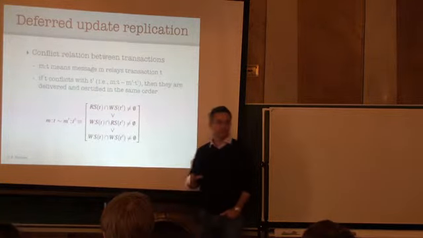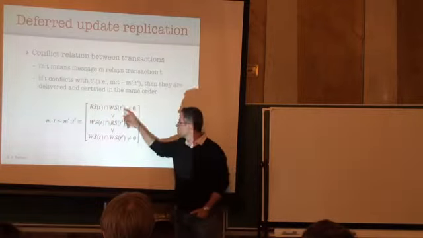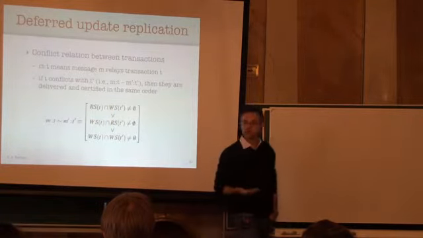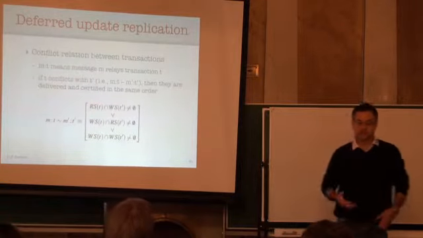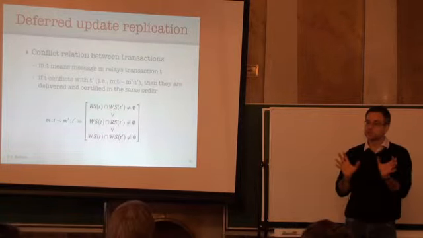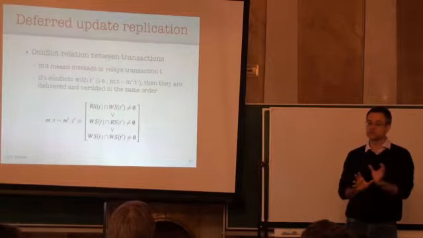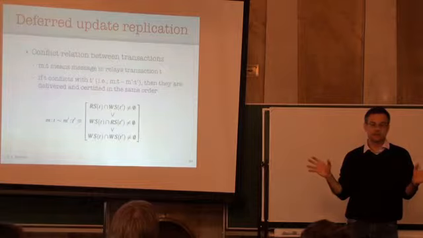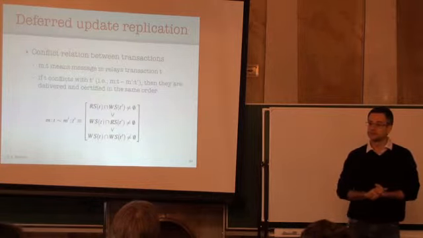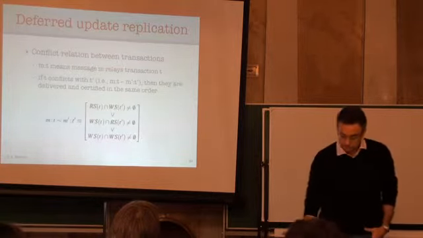These two messages conflict if the two transactions either read what the other wrote or both write something in common. If there is some intersection between the two transactions, then I must ensure total order for them. But if the two transactions do not read or write anything in common, they can be delivered out of order. So that's the motivation.